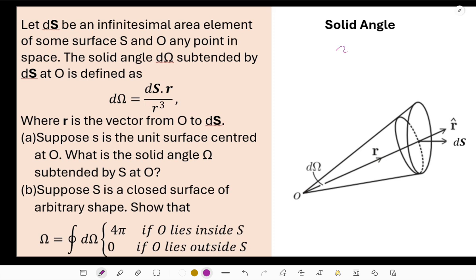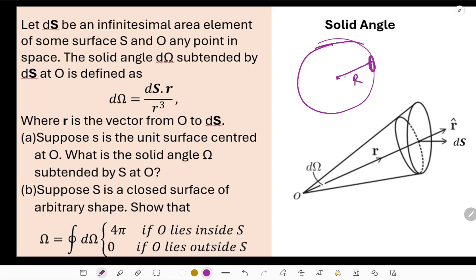This is quite simple. You can take a sphere of radius 1, or if you want you can take a sphere of radius r as well, and then consider patches on the surface of this sphere, small infinitesimal areas.